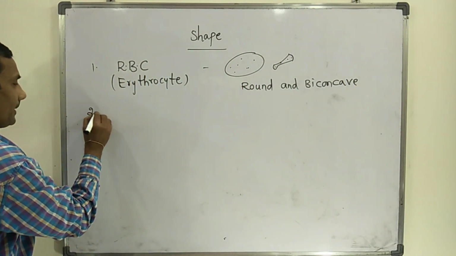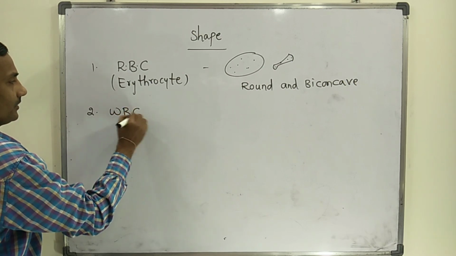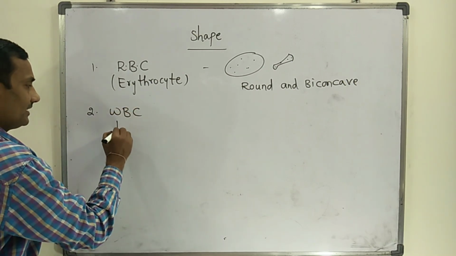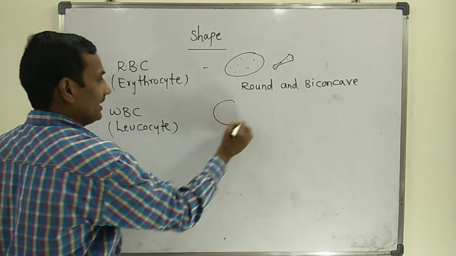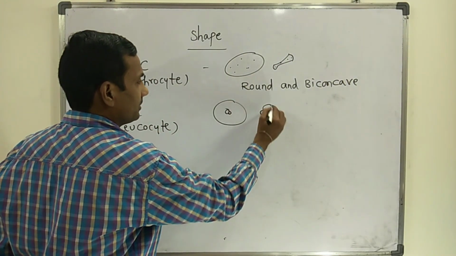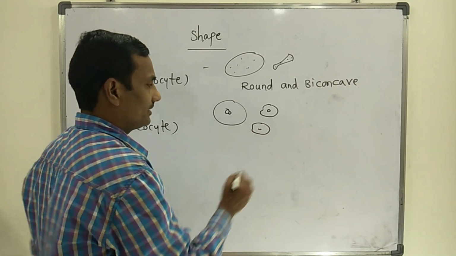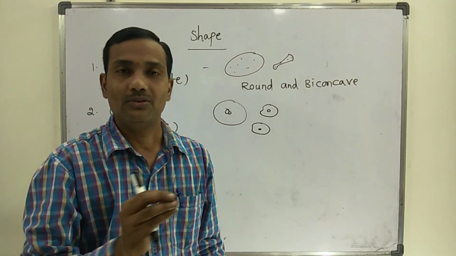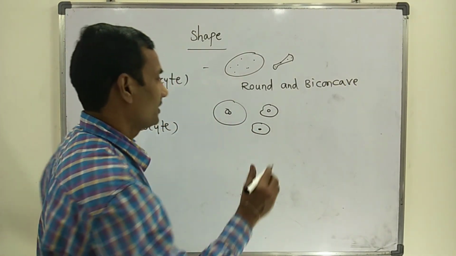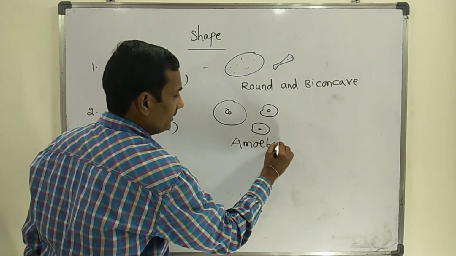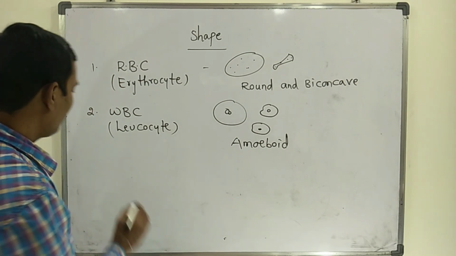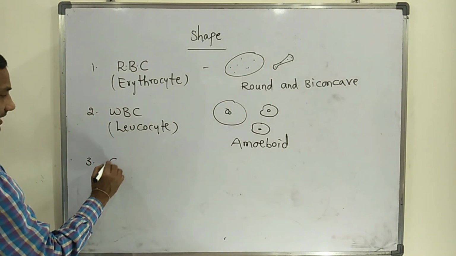Second, WBC cells, that is leukocytes. Leukocytes have different shapes. They do not have a particular shape; the shape of leukocytes is amoeboid. Now, columnar epithelial cells.